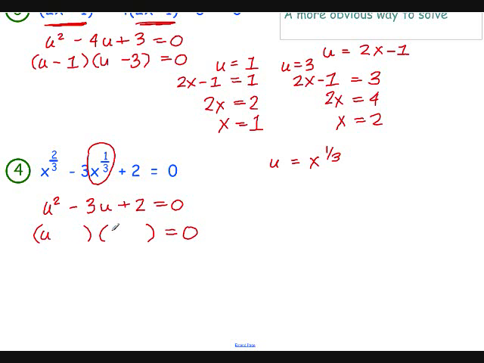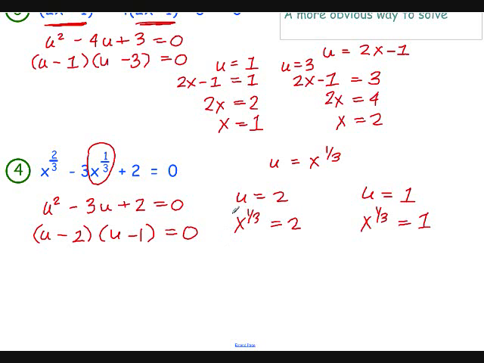I get u, and over here it's got to be a 2 and a 1. That's the only thing that it could be. And they both got to be negative. So we've got either u is equal to 2 or u is equal to 1. I know that u is equivalent to x to the 1/3, so I rewrite these with x to the 1/3, and now I solve for x.